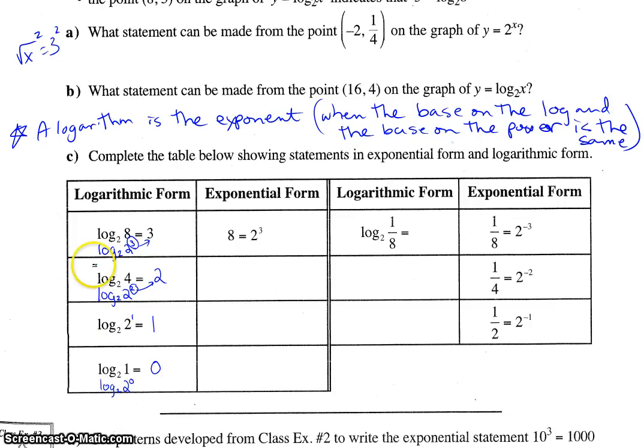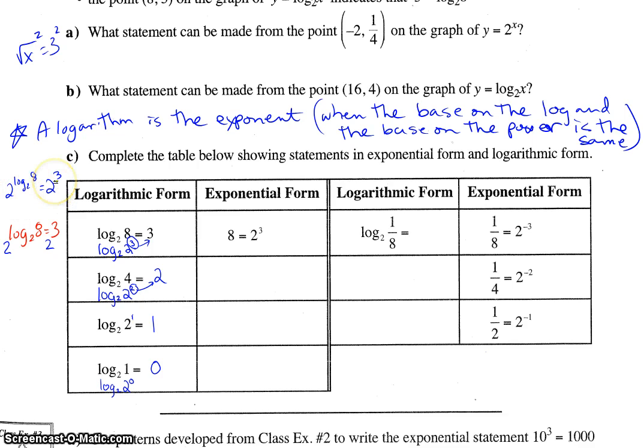If we want to get rid of a log, I'm just going to write this off to the side, log base 2 of 8 equals 3. If I want to get rid of that log, I would do the inverse operation, which is exponent. Now, here's how I write that. I go 2 to the exponent of, okay? So really what I've done is I've raised both sides of the equation into the exponent of 2 powers where the bases are both 2.